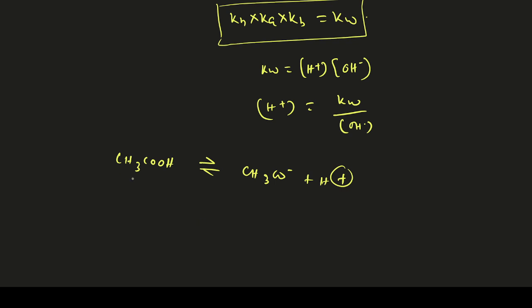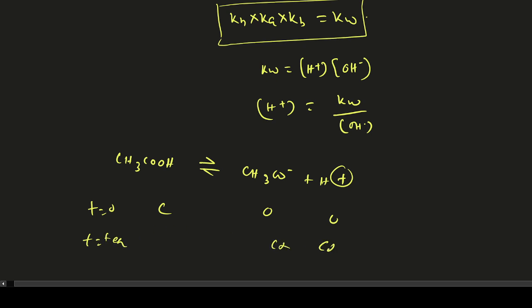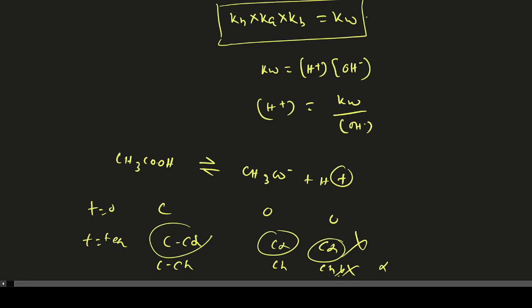At t equal to 0 it is C, 0, 0, and at equilibrium C minus C alpha, C alpha, C alpha. You will not do like this, or C minus Ch. This is 100% wrong, because here we are talking about acid, so alpha will come, not h. That value is not used in salt hydrolysis. So you will not use the H plus concentration from here. This is a wrong concept.